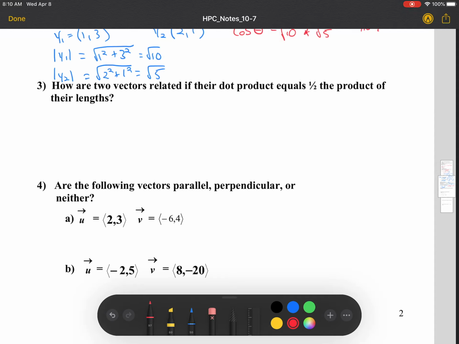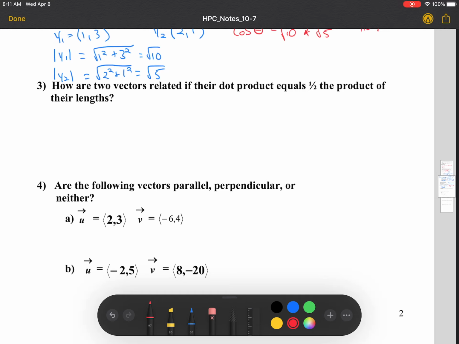3. How are two vectors related if their dot product equals 1/2 of their lengths? So this wording, this problem, it's a lot more confusing than it really needs to be.